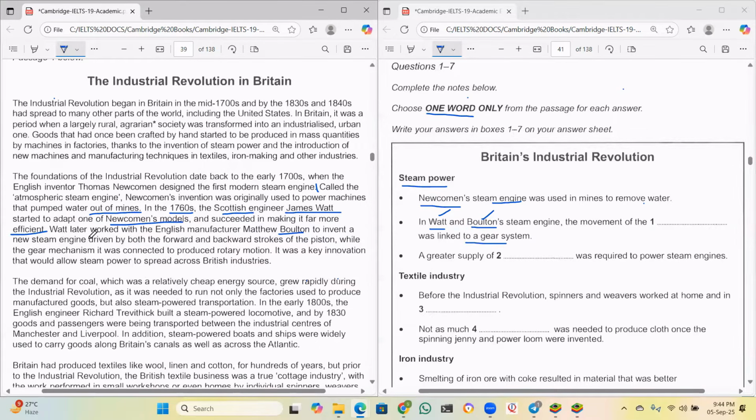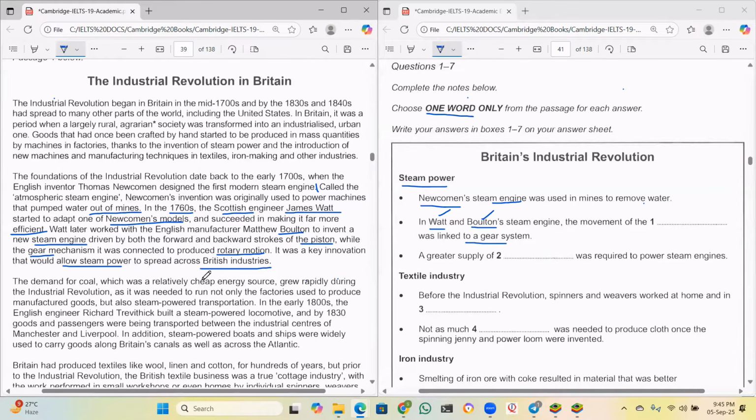Watt later worked with the English manufacturer Matthew Boulton to invent a new steam engine driven by both forward and backward strokes of the piston, while a gear mechanism was connected to produce rotary motion. It was a key innovation that would allow steam power to spread across British industries.